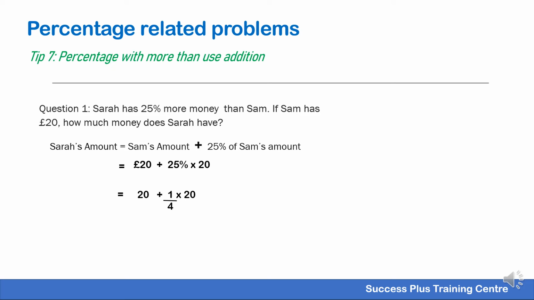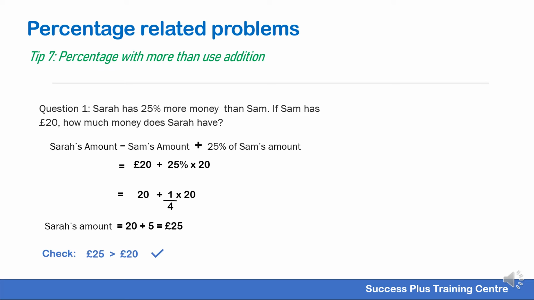Based on tip number 2, 25% can be converted into a quarter, so it would be a lot easier to work with the numbers. This means that Sarah's amount equals £20 plus a quarter times 20. This means Sarah's amount equals £20 plus 5, which is equal to £25.